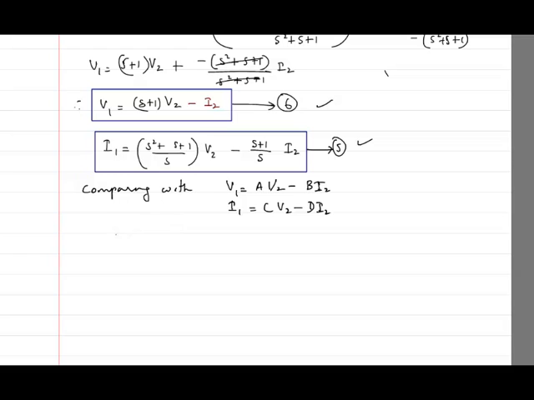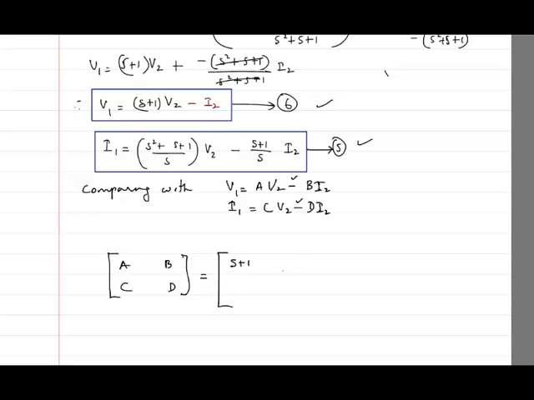So I can write finally that A, B, C, D can be written as, now here you have to be always careful because people make a mistake with this minus sign here. Always be careful. So what is A? A is going to be s plus 1.